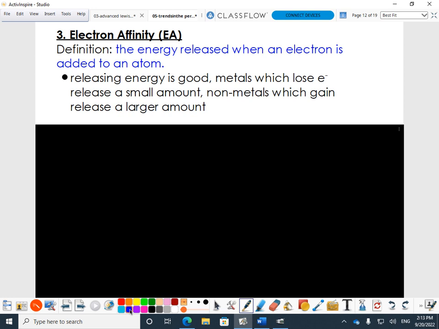So metals which lose electrons will not have a very high amount of electron affinity. And if nonmetals gain electrons, they will release a larger amount. The word affinity sort of implies, like, I like electrons, which works here, except the definition has to do with energy.